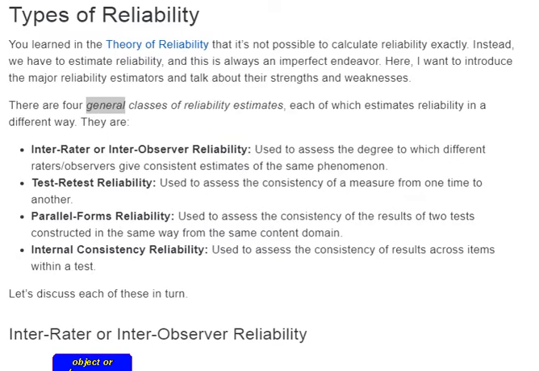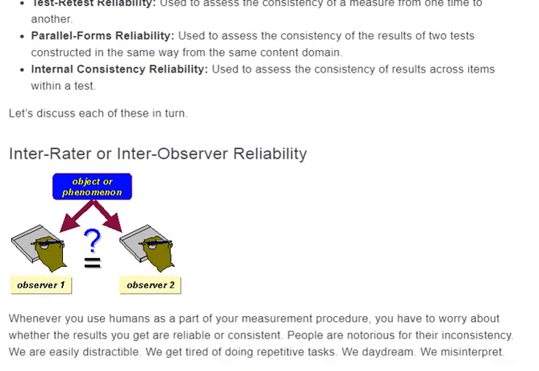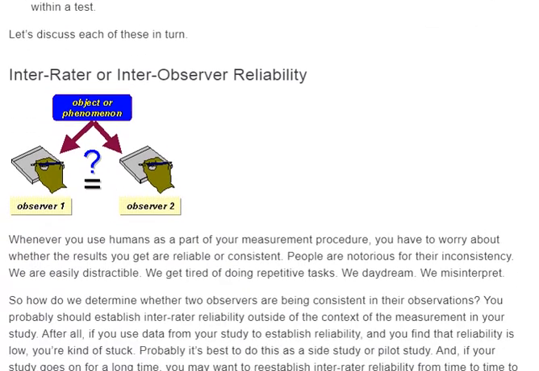Now we explain further, starting with inter-observer reliability. Take one test of anxiety, observed or rated by two observers. If both observers give the same observation and rating for the test, this test has inter-rater or inter-observer reliability.